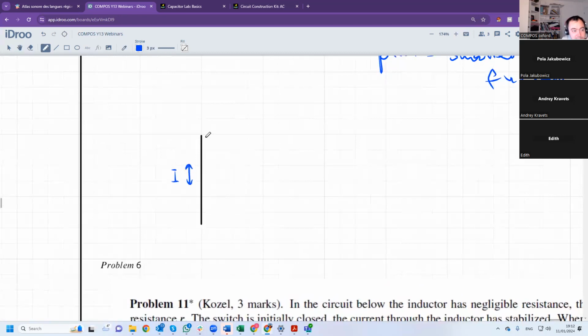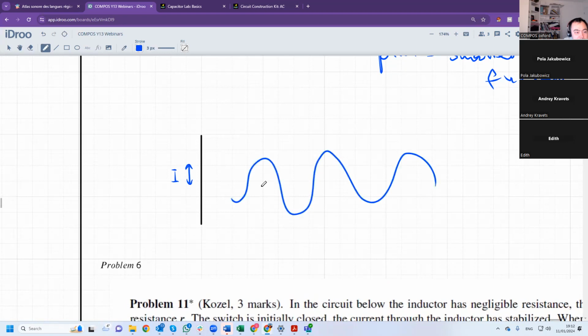Current goes up and down through the antenna, and you have an electromagnetic wave passing through the antenna.